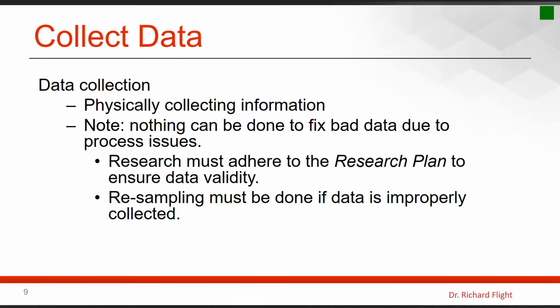We may have to collect more data if the original data was not collected properly. So this is a step where we do a lot of data validation to make sure that the right people answered the right questions and that everything follows the plan that we had set initially.